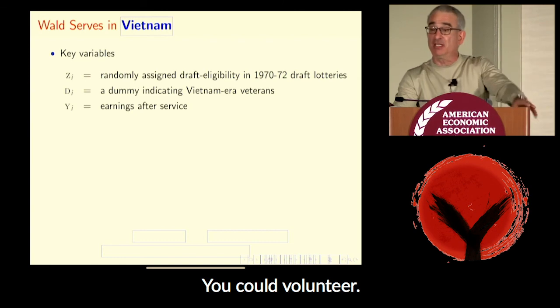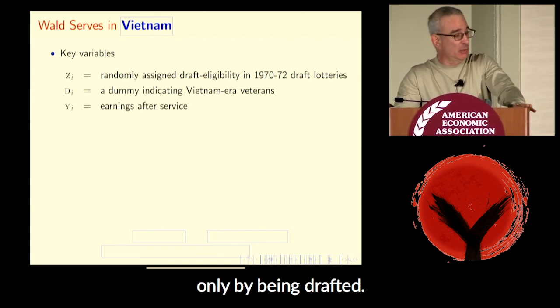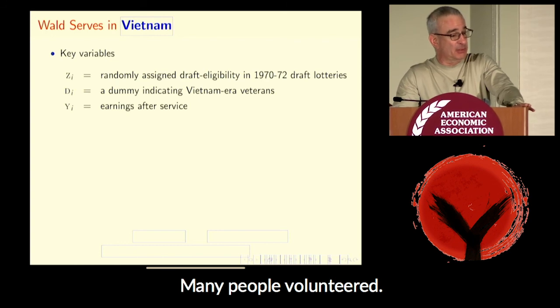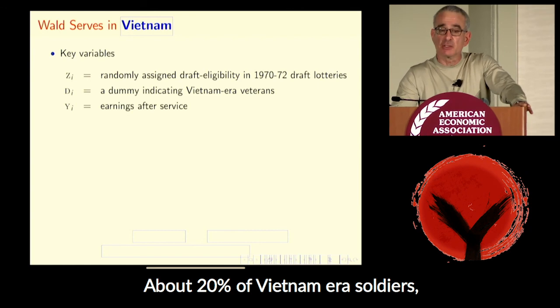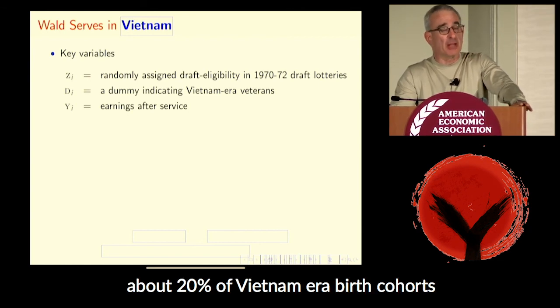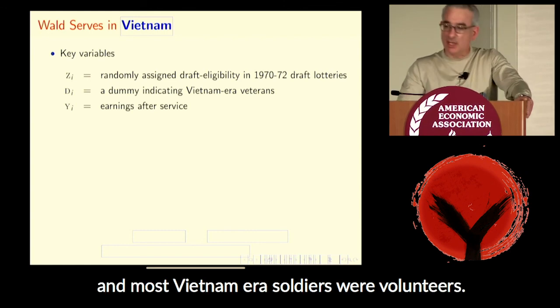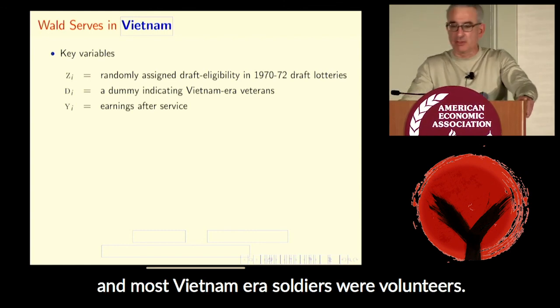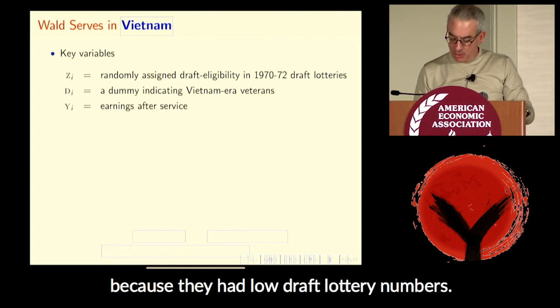You could volunteer. In other words, you didn't get into the military only by being drafted. Many people volunteered. About 20% of Vietnam-era birth cohorts volunteered for service, and most Vietnam-era soldiers were volunteers. But some people were conscripted because they had low draft lottery numbers.